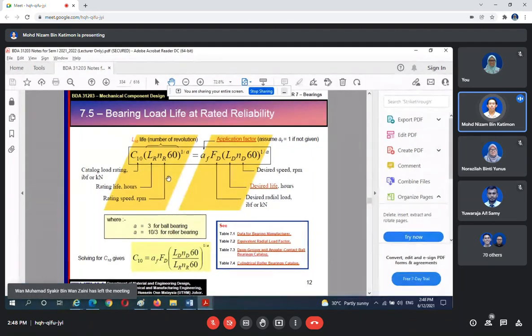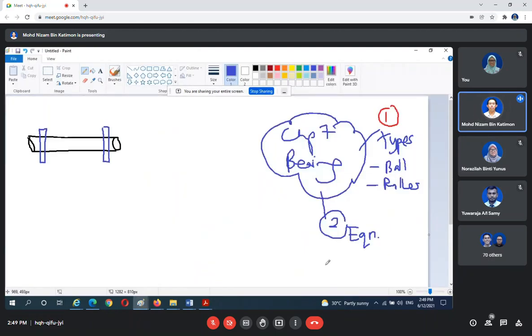This is the basic equation to find the bearing, to select a suitable bearing. Equation to select suitable bearing.